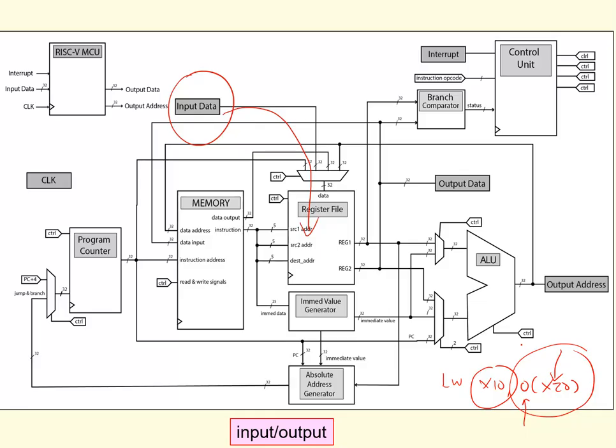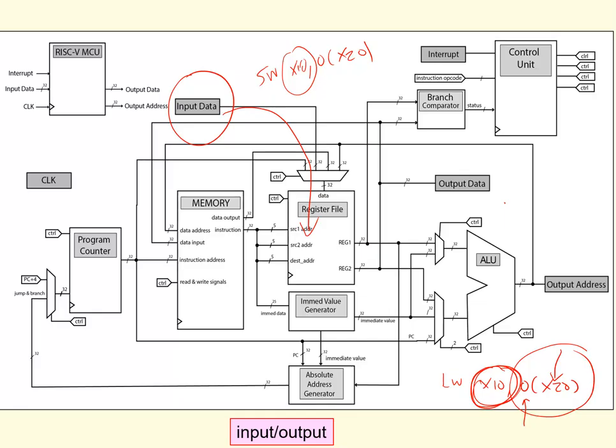So what else here? That's an input. We've got the output. Okay, so an output instruction would be something like a store word X10, 0x20. Same idea. This happens to be a destination register. This is actually, once again, since it's a store instruction, a source register.